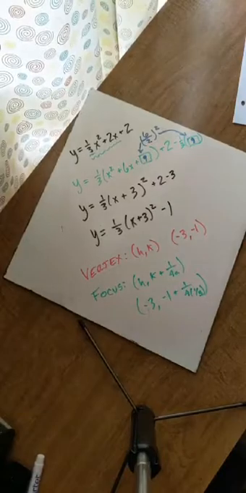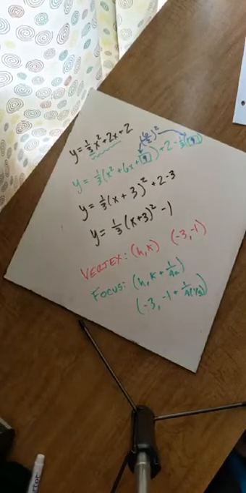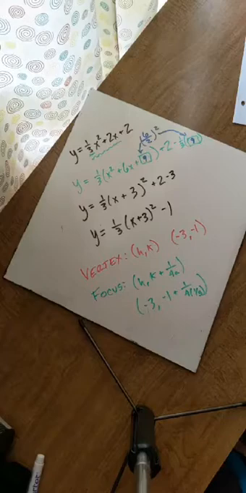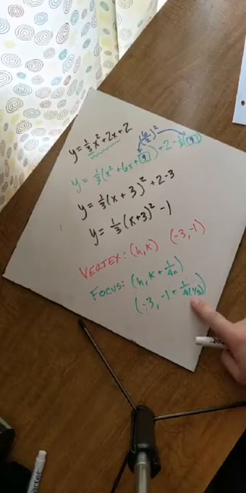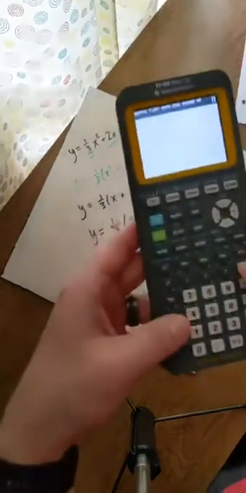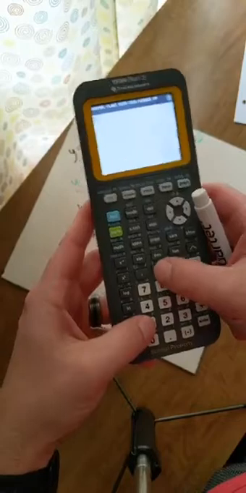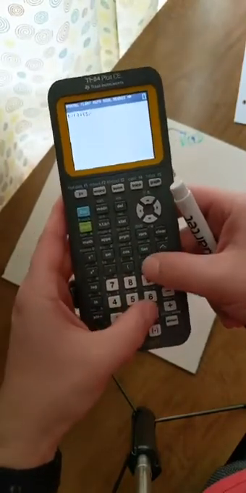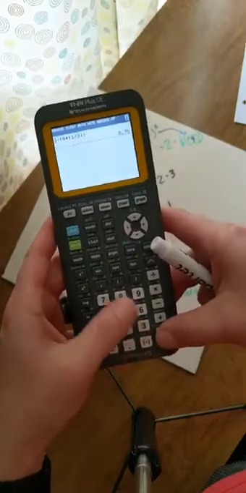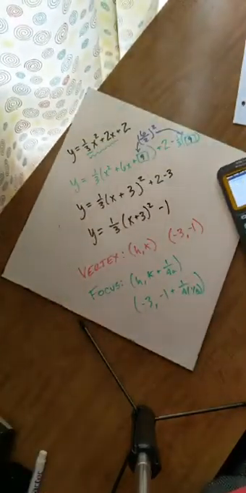Excuse me. Talking too much. All right. So I got to type that into the calculator here. 1 divided by 4 times 1 divided by 3 in parentheses, and close that. We get 0.75.